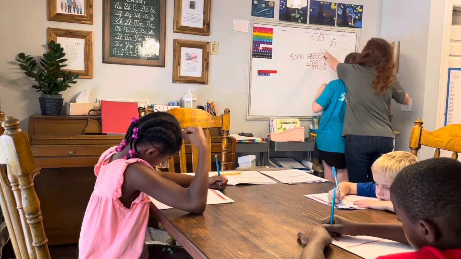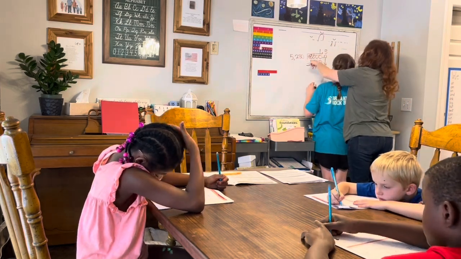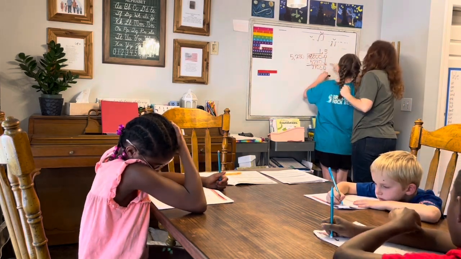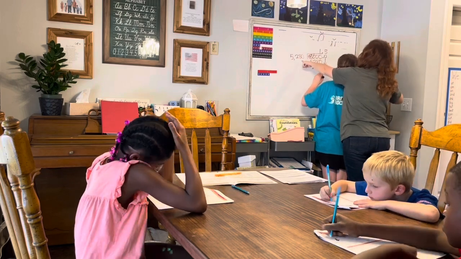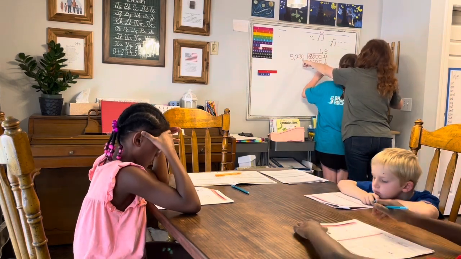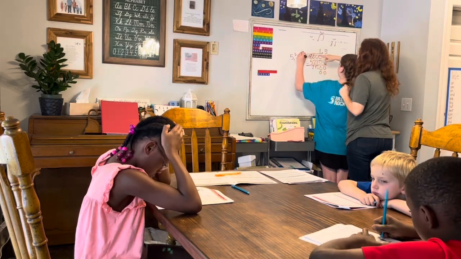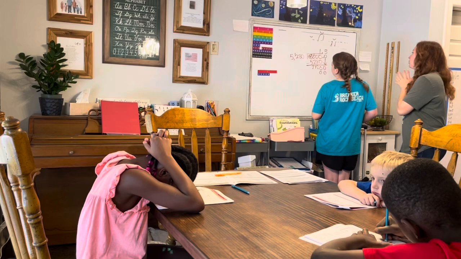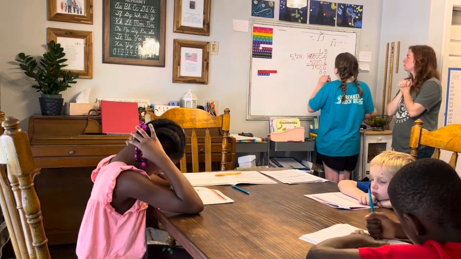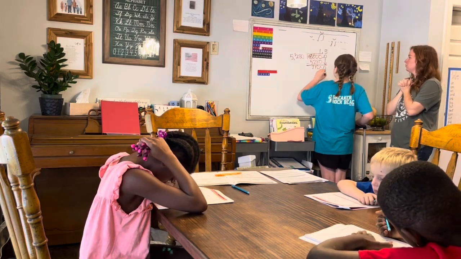And then multiply 5 times 0 equals 0. 5 times 8, down to 0, carry the 4. 5 times 2, 10 plus 4.